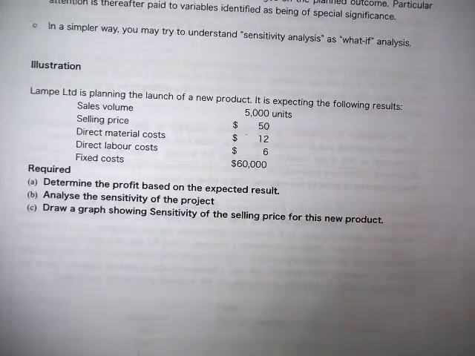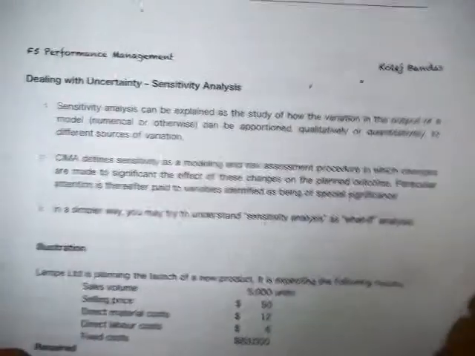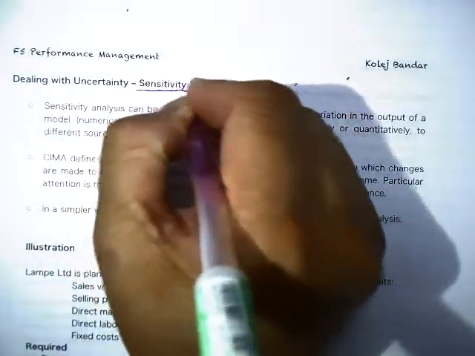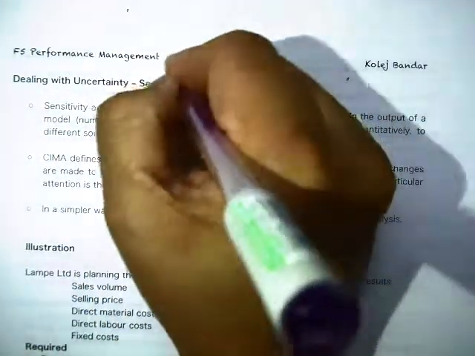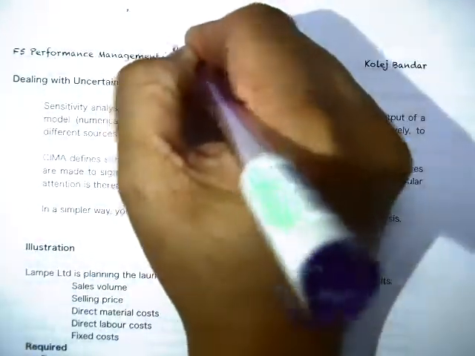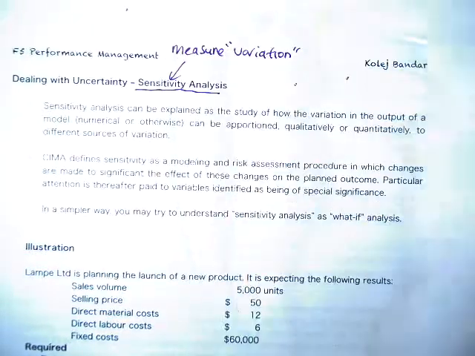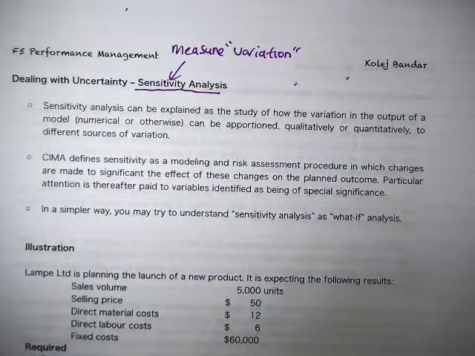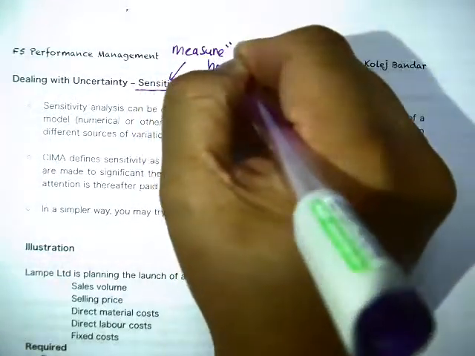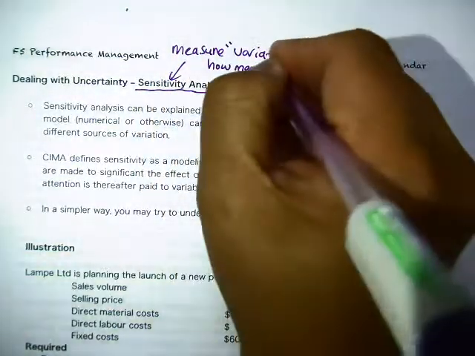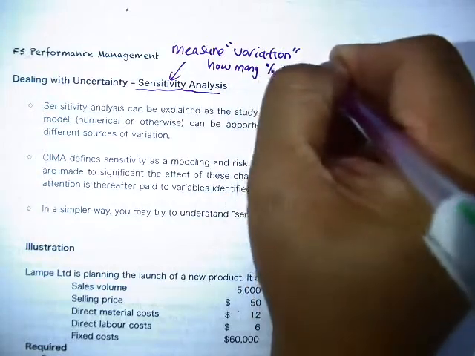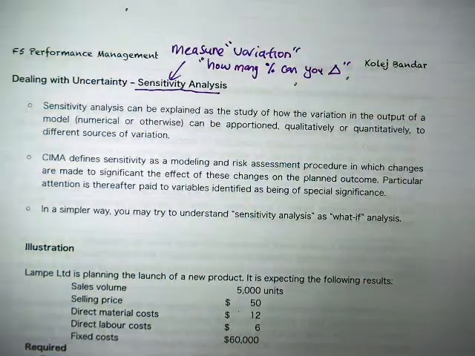Now, another thing that we might see with uncertainty is this thing called sensitivity analysis. Sensitivity analysis is to measure the variation. That means how many percent can you change?